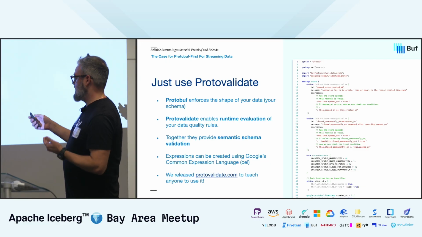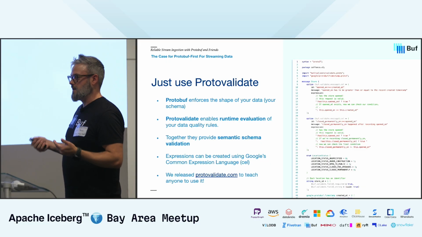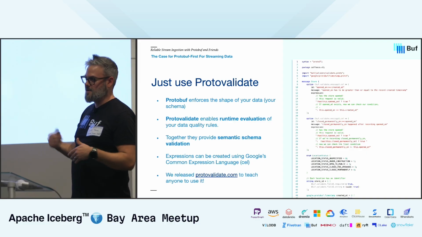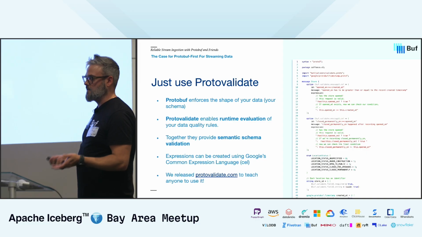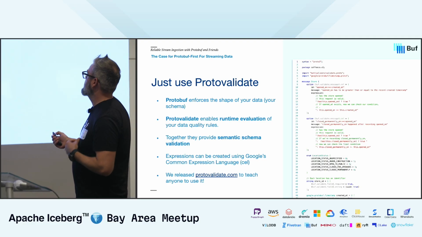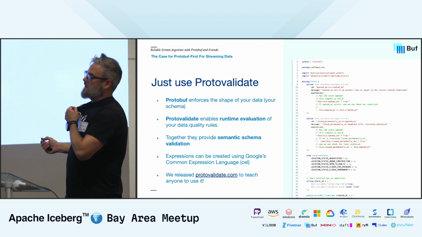I'm sure no one can see any of this, but I have the same store that I showed before. It's a basic store. It has an identifier. It can open, it can close, it can permanently close. That's all great, but you can also write expressions. Sorry, I want to hear my voice so that everyone else can also hear it.